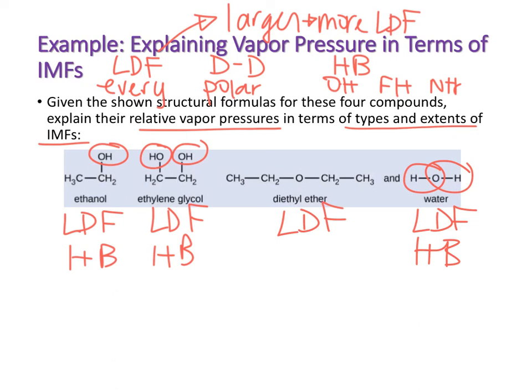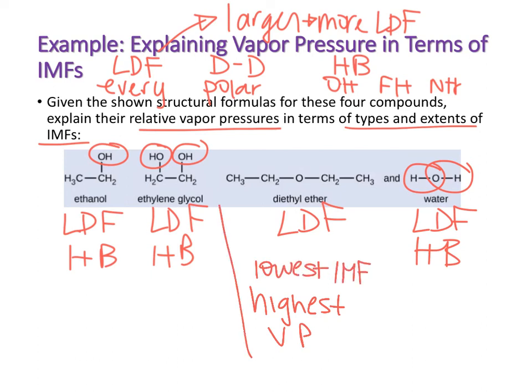So this one will have the highest. Now, why is that the case? It's because it has the lowest IMFs. It only has LDF, in comparison to everything else that we already know has hydrogen bonding, which is the strongest of all the IMFs. Okay, so we established that.